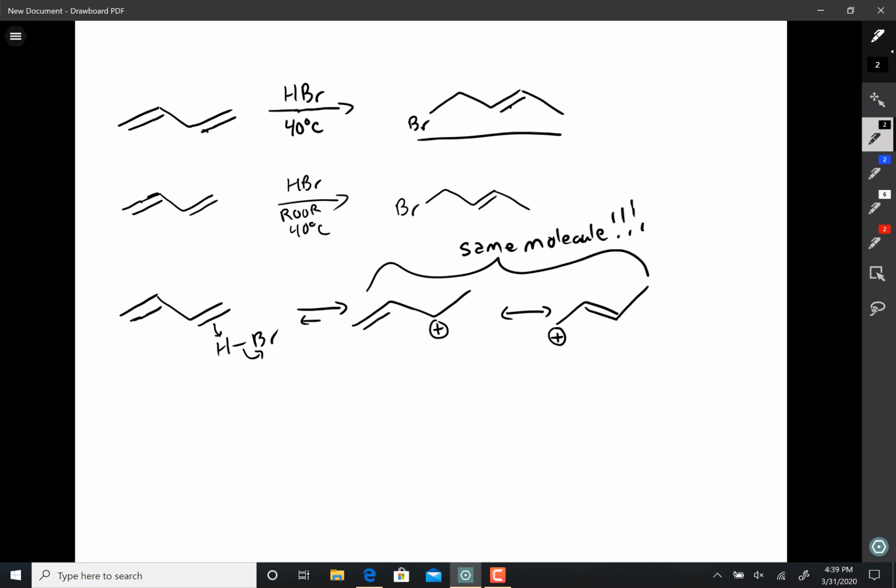The actual molecule looks something like that, where the electrons are distributed amongst those three atoms, with probably the largest delta plus there and the smallest delta plus there. Largest delta plus is here because this secondary carbocation is typically considered to be better than a primary, making this the major resonance structure. But the minor is still present.